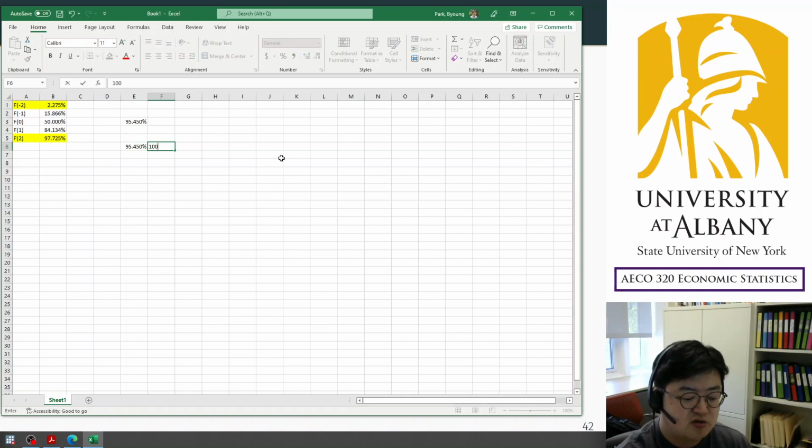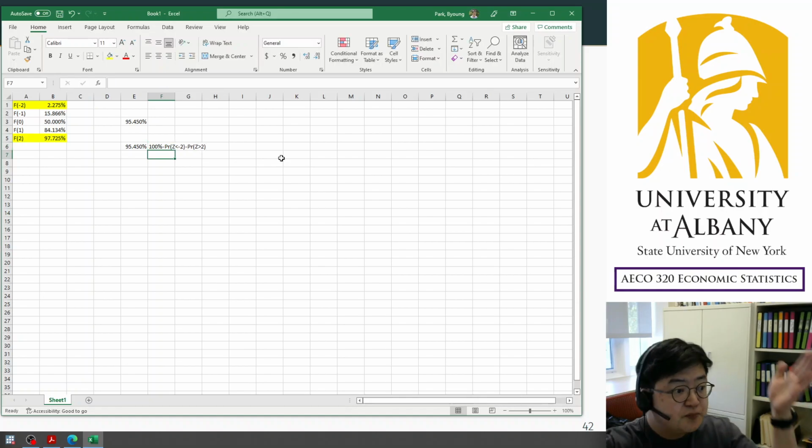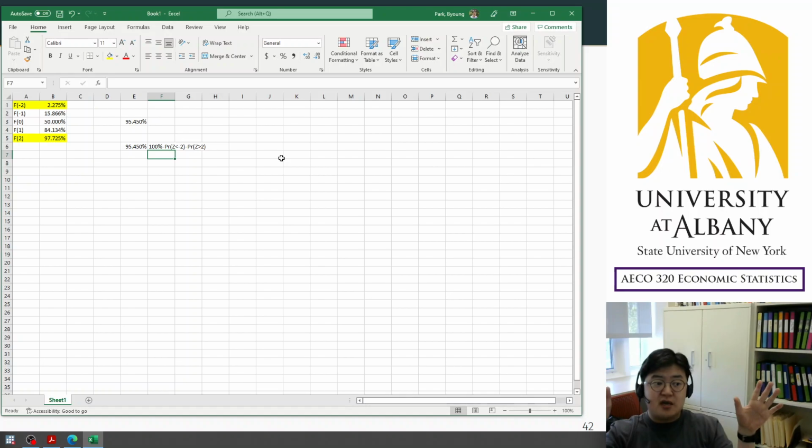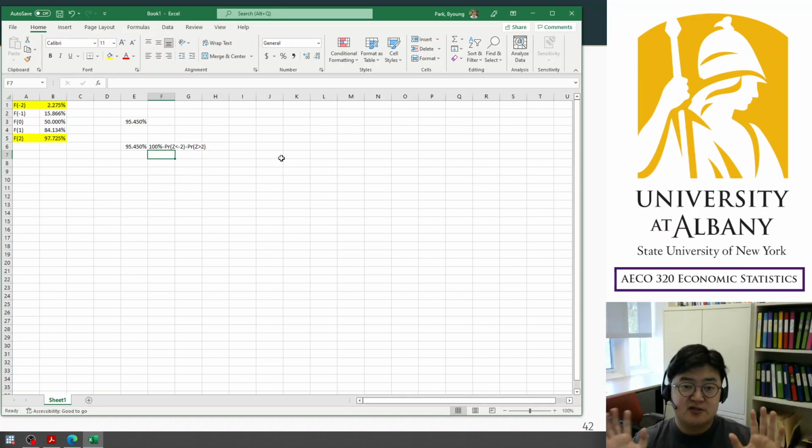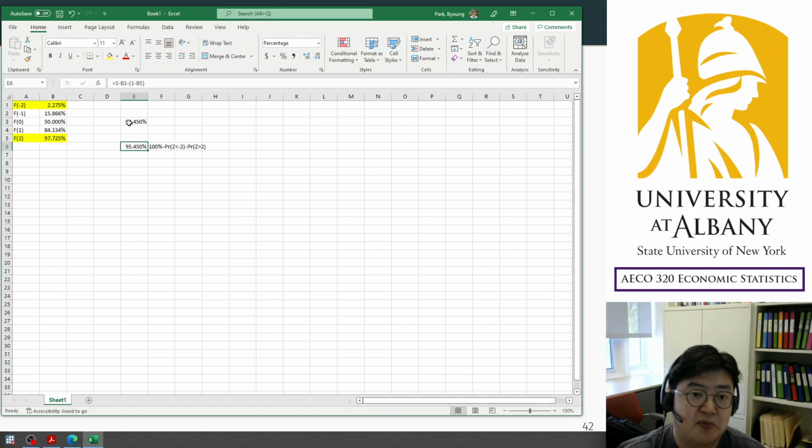This is 100% minus probability z is smaller than -2 minus probability z is greater than +2. So if you trim out the two tails outside plus or minus 2, then you also get the same number. It does not matter which you use. Usually this is easier.